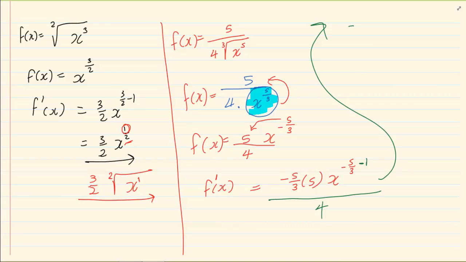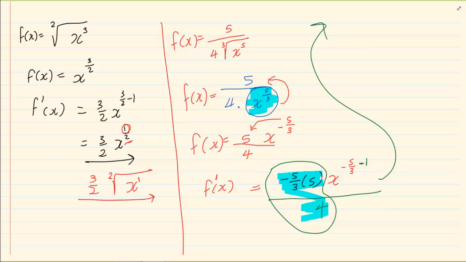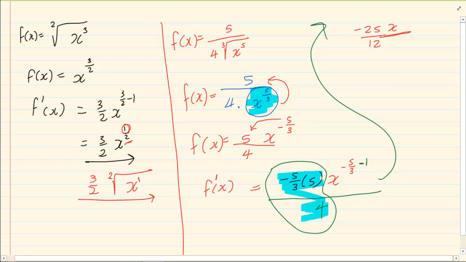When we're trying to get the answer, all the constants, you can press it in the calculator. So if you press minus 5 over 3 times 5 and then you divide it by 4, you'll get minus 25 over 12, and our power is x to the power of minus 5 over 3 minus 1, which is minus 8 over 3.